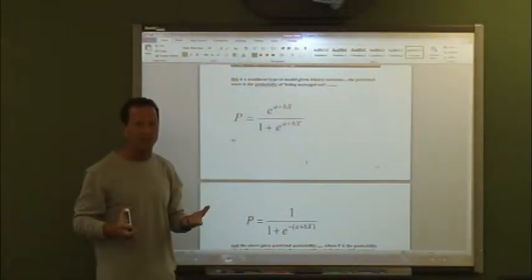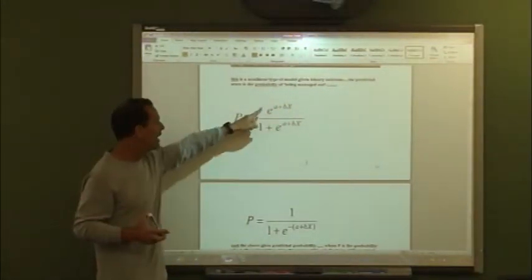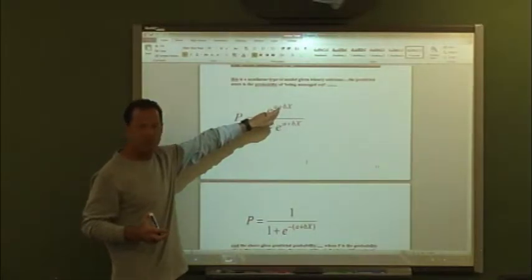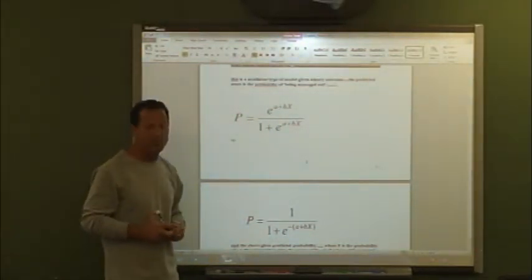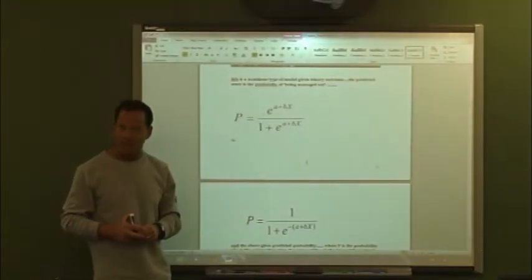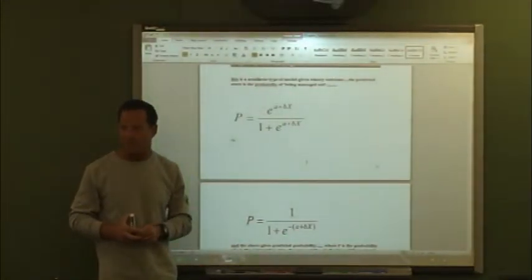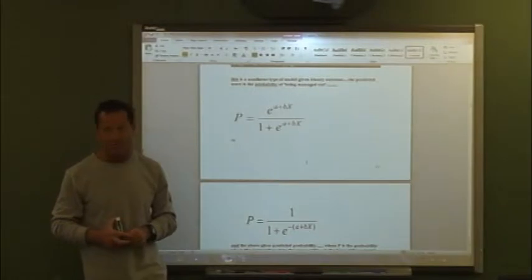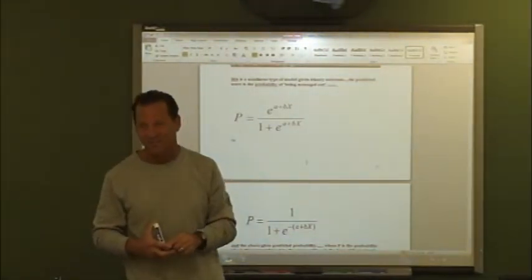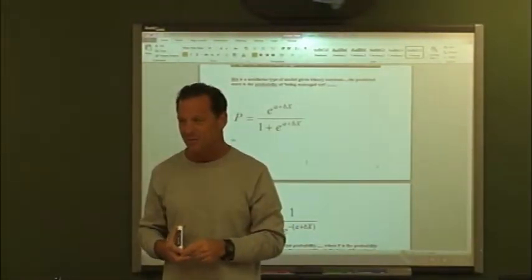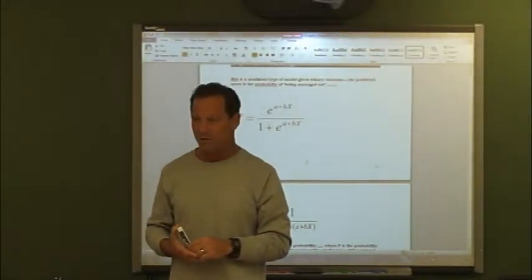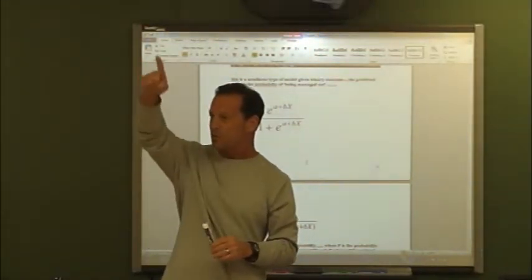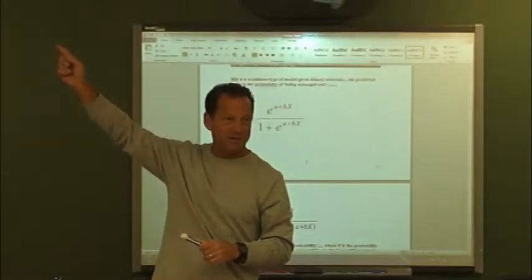Thinking of which, you may have had this in undergraduate, A was your intercept, B was your slope, and X is the value of the predictor. And what does that e mean, everybody? As we've gone over many times since ANOVA. Think of mathematical statistics. It's the base of the natural logarithm. Remember the base, 2.718, non-terminating decimal?